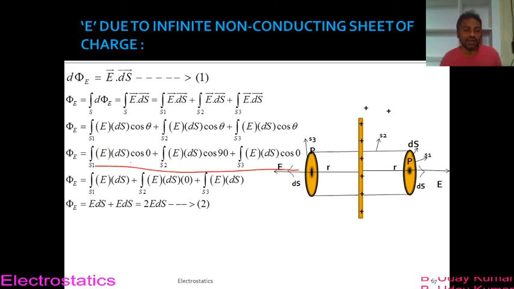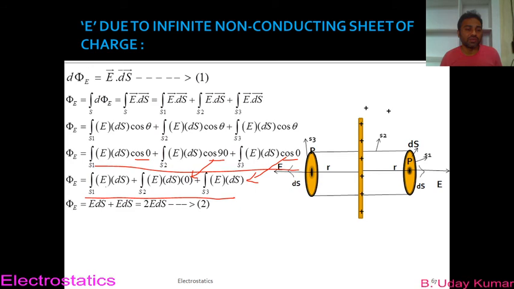I can write it as, you know that cos 0 is 1 and cos 90 is 0 and cos 0 is 1 again. So those are written over here, please check it out. This becomes the integral over S1 of E ds only, because cos 0 becomes 1, but here cos 90 is 0, that is substituted, and cos 0 is 1, that is also substituted.